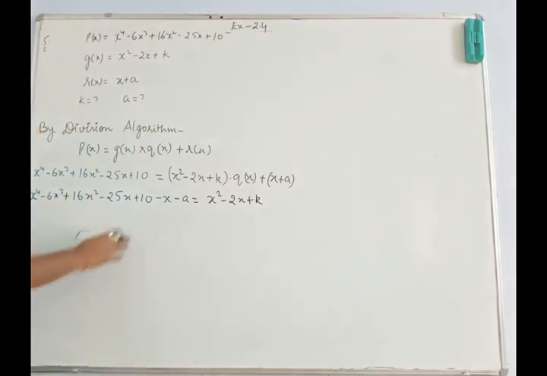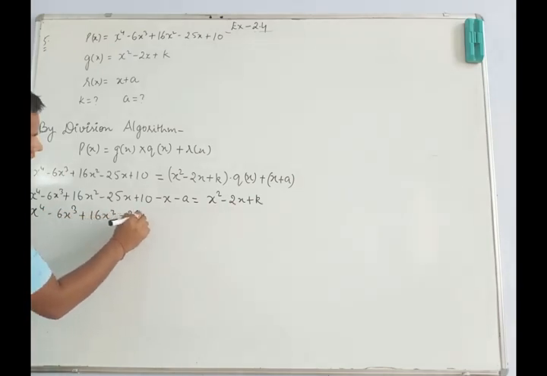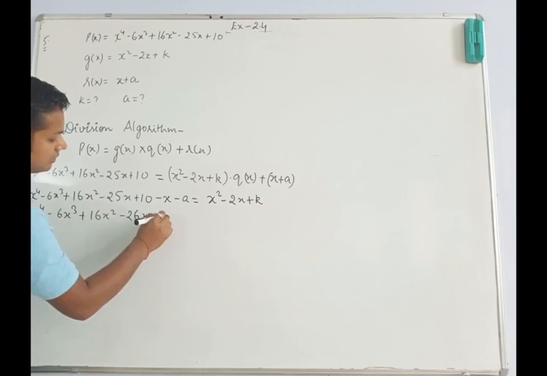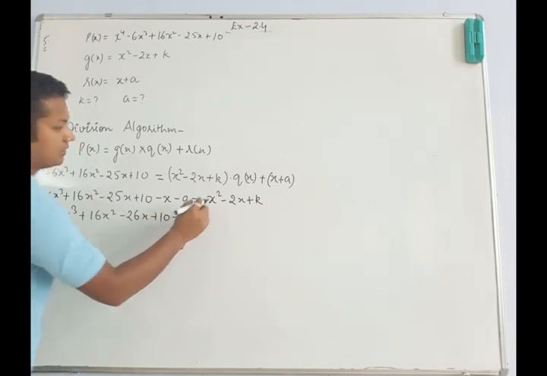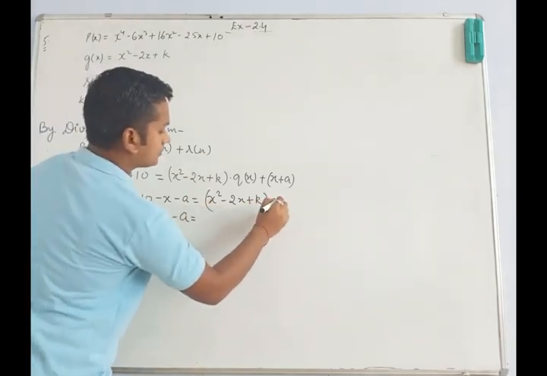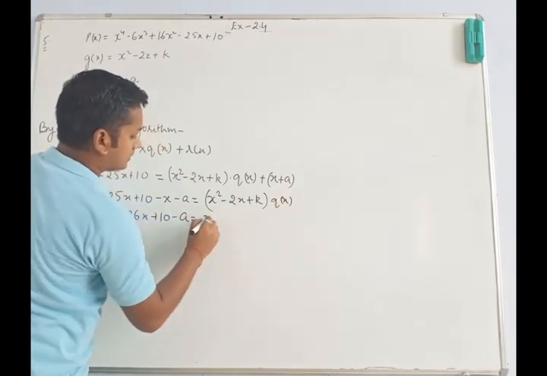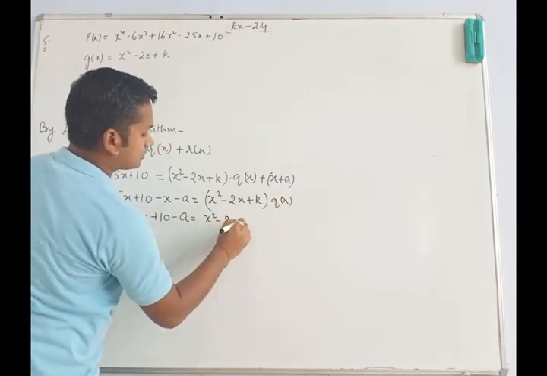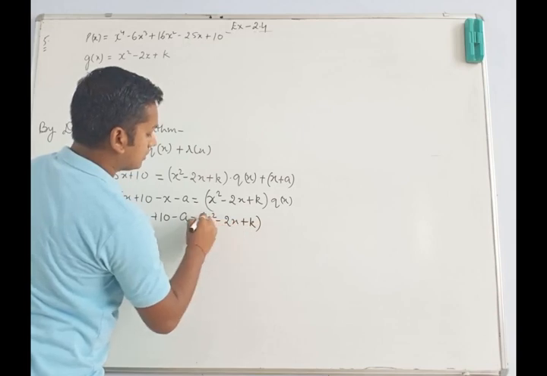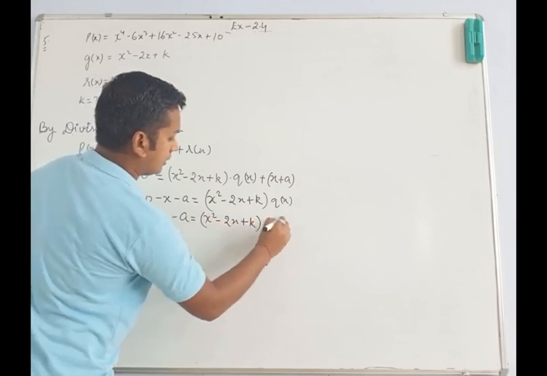Okay students, now minus 25x and minus x will give you minus 26x. So x raised to the power 4 minus 6x cube plus 16x square minus 26x plus 10 minus a equals x square minus 2x plus k into q(x).